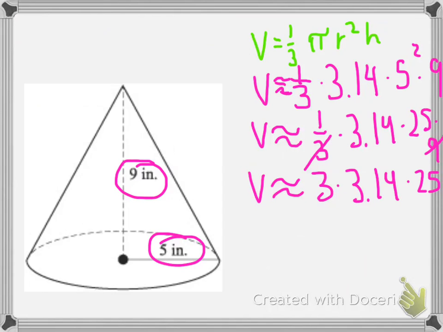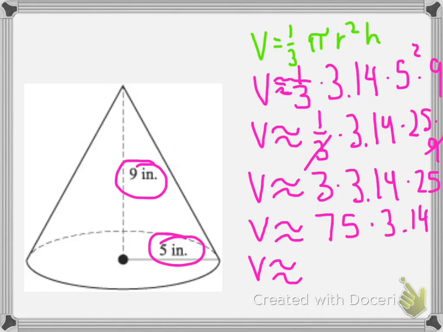Now we combine these. 3 times 25 is 75. So it is 75 times 3.14. And the answer to this, my fellow friends, is 235.5 inches. Huge.